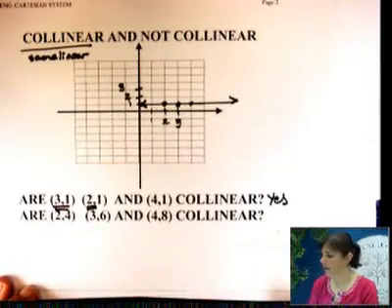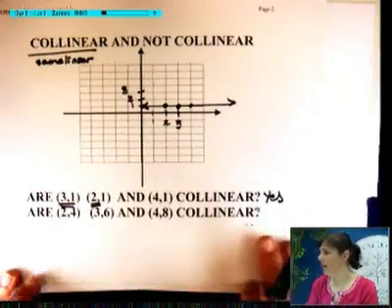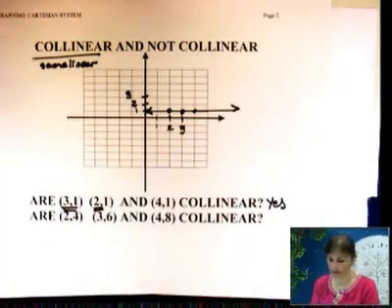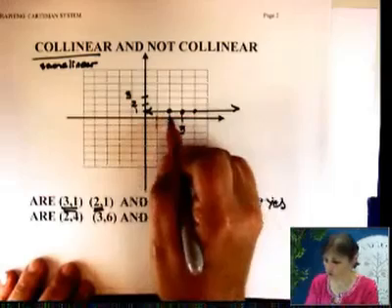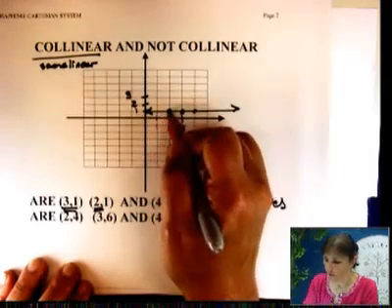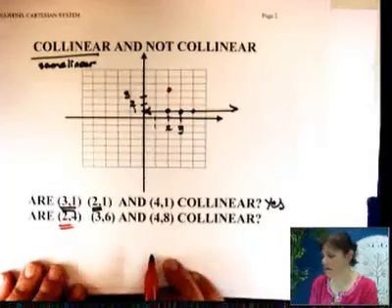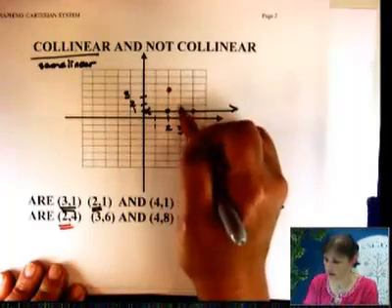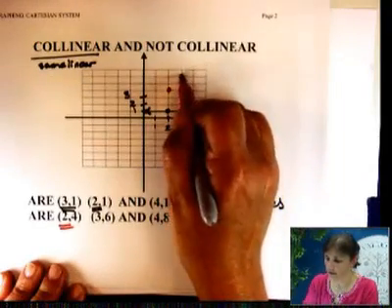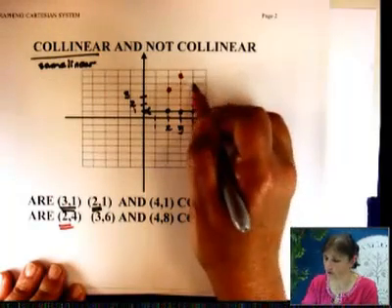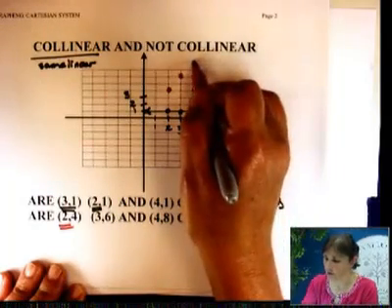Okay, now let's go to the next one. (2, 4), (3, 6), and (4, 8). I'm going to do that one with the red. (2, 4): 2, and 4. 1, 2, 3, 4. (3, 6): that one is 3, then 1, 2, 3, 4, 5, 6. And (4, 8): 4, then 1, 2, 3, 4, 5, 6, 7, one more.